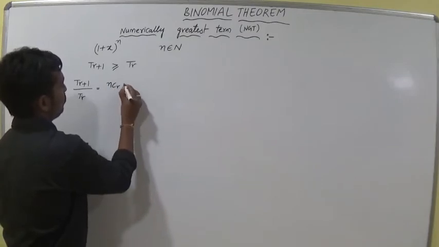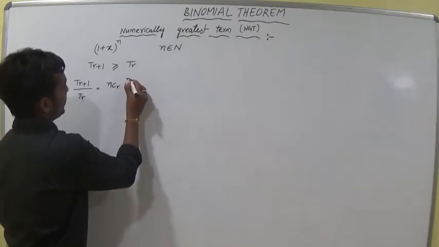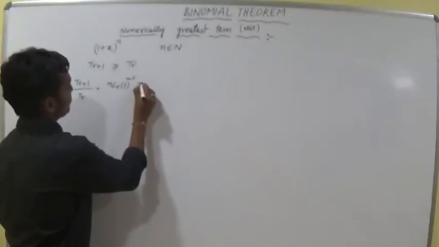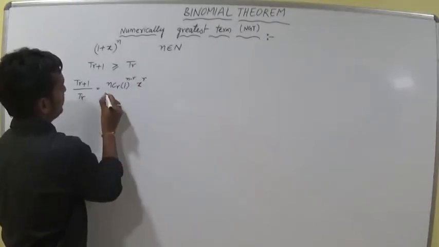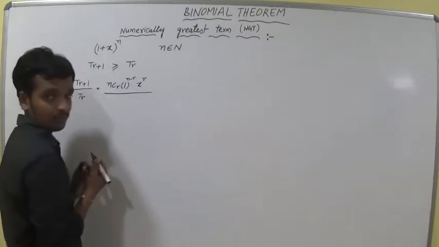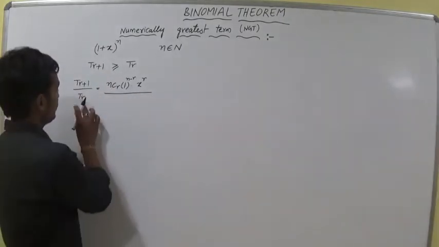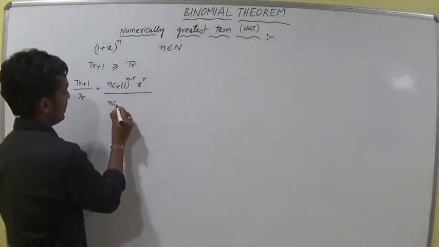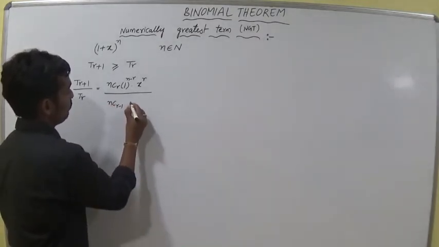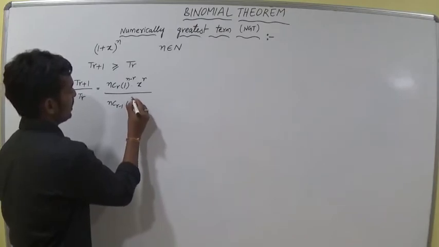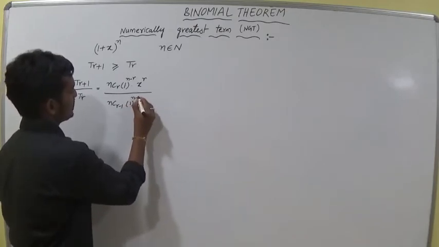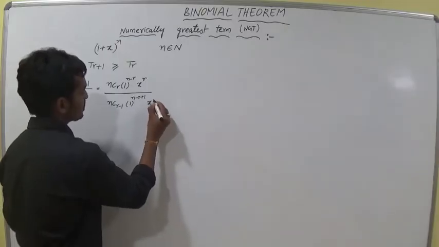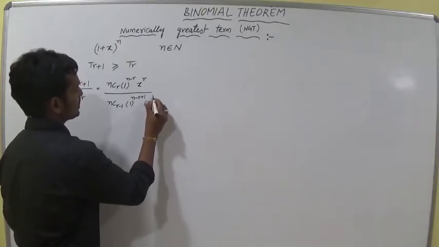nCr 1 to the power of n minus r into x to the power of r, divided by t(r), which is nC(r minus 1) 1 to the power of n minus (r minus 1), that is n minus r plus 1, into x to the power of r minus 1.